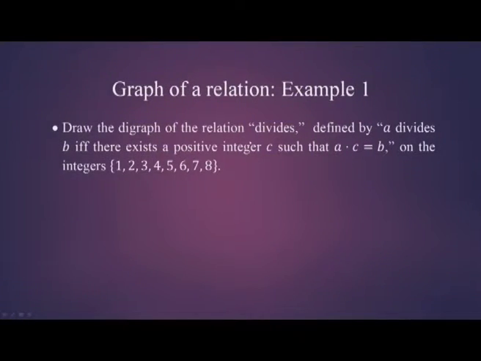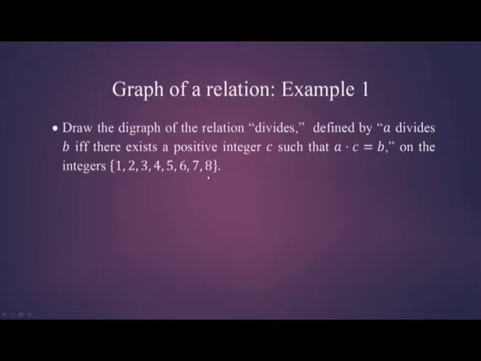Now, let us look at another example. Here we are asked to draw the digraph of the relation divides defined by A divides B if and only if there exists a positive integer C such that A into C is equal to B, and the set of integers on which this relation is defined is 1, 2, 3, 4, 5, 6, 7, 8.